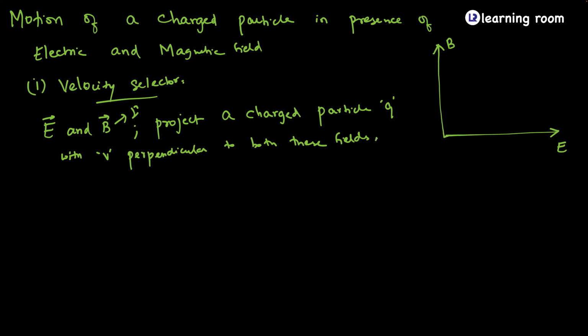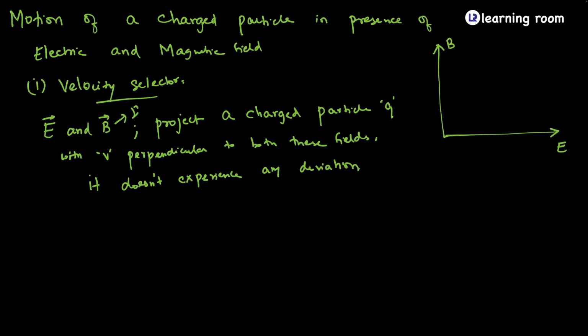The charged particle should be projected perpendicular to both these fields in such a way that it does not experience any deviation. In the sense, if you project it in a particular direction, in both the fields, it should be traveling in the same direction.